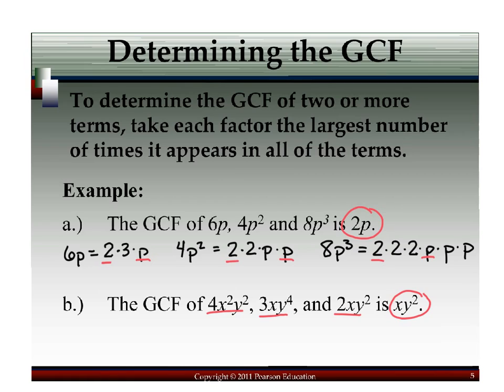Then we have x squared, x, and x, so only one of those x's is going to be part of the GCF. And then y squared, y to the fourth, y squared. Out of that, what's in common between y squared and y to the fourth is y squared. So that's how we get y squared as part of the greatest common factor between all three of these expressions.